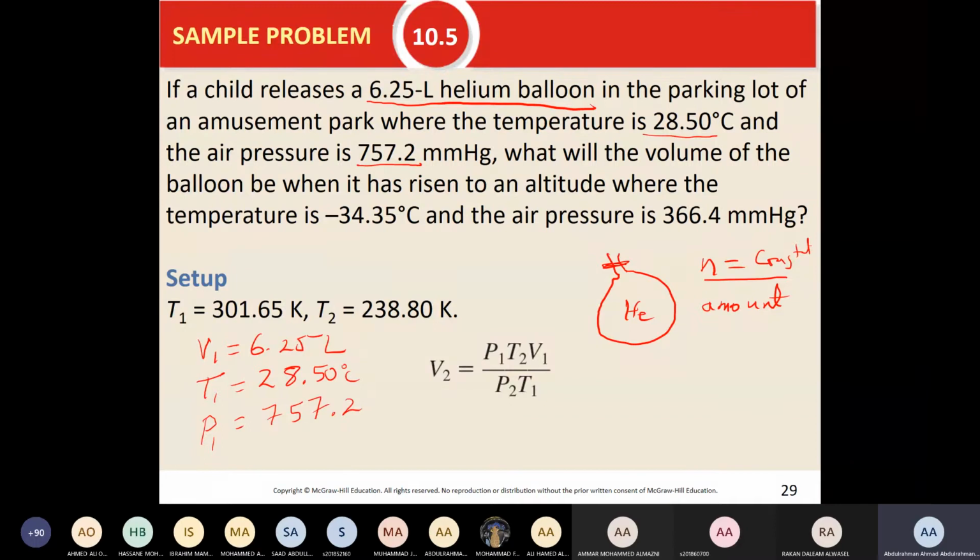Okay, and the balloon went up, risen to high altitude. The new temperature was T2. T2 is equal to minus 34.35 degrees C.